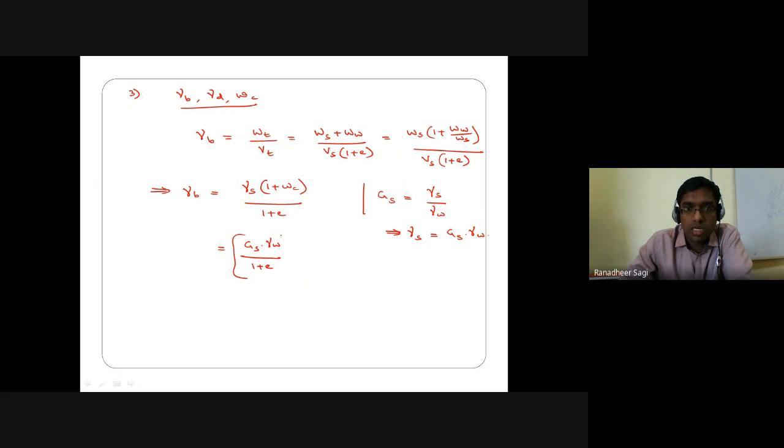This is what I'll have as one term, into 1 plus Wc, that's 1 plus water content. Gs into gamma W by 1 plus e is what we have earlier derived as gamma D. So ultimately what I am getting here is gamma B is equal to gamma D into 1 plus water content.